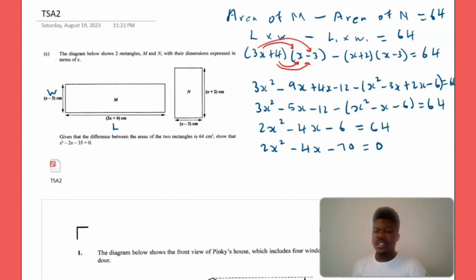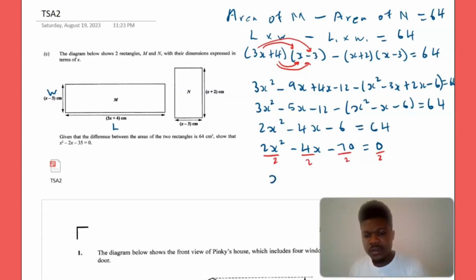When we look, we're still not getting x squared minus 2x minus 35. However, we can simplify by factoring 2 because all 3 terms here are multiples of 2. So we can divide throughout by 2.